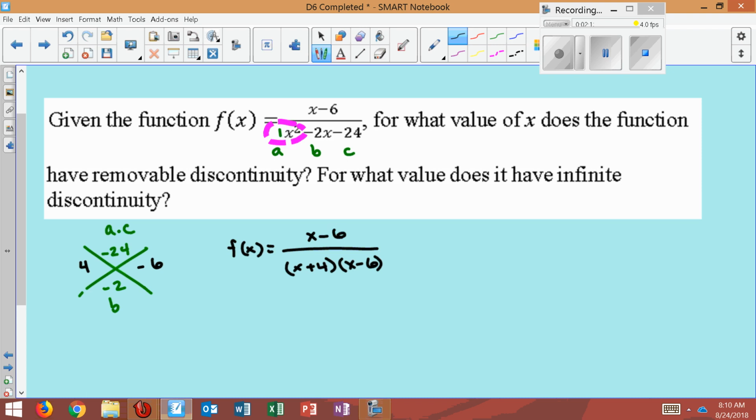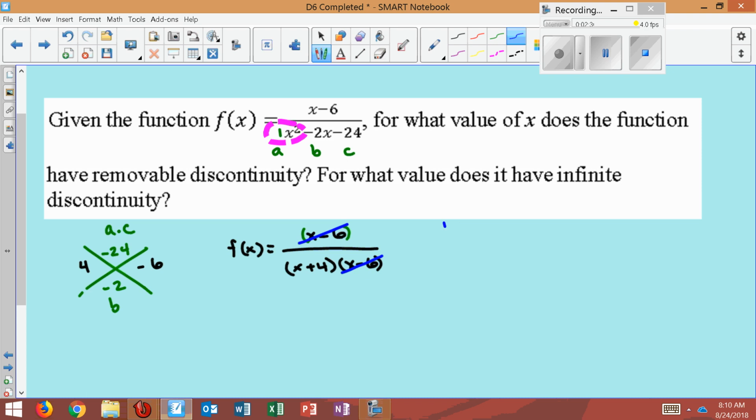Now as I look at this function, I can see something happens. Now I have identical factors. Though earlier we could not cancel terms, you are allowed to cancel factors. This factor up top in the numerator will simplify with this factor in the denominator. They cancel out, or they get removed. That is removable discontinuity.